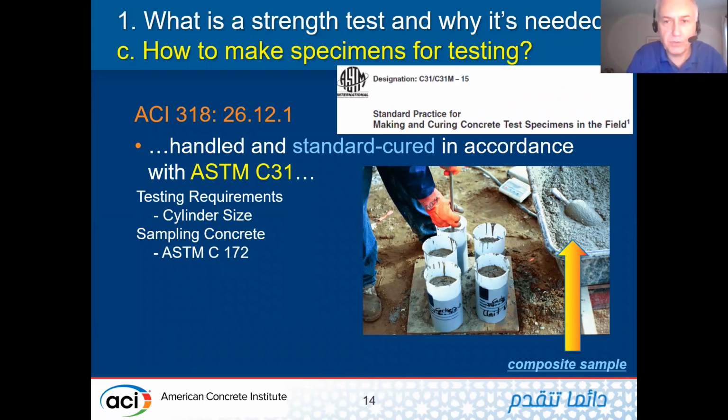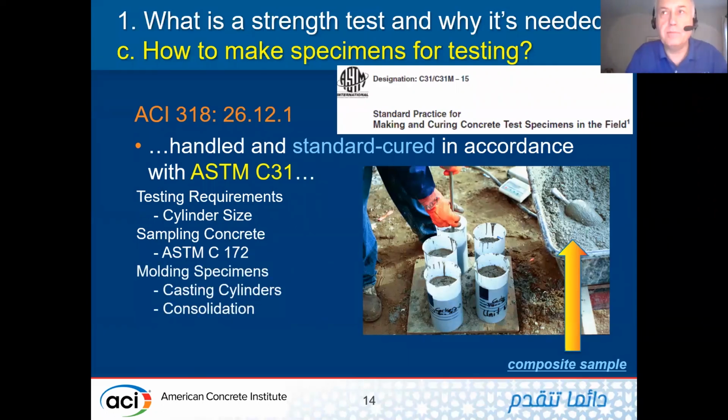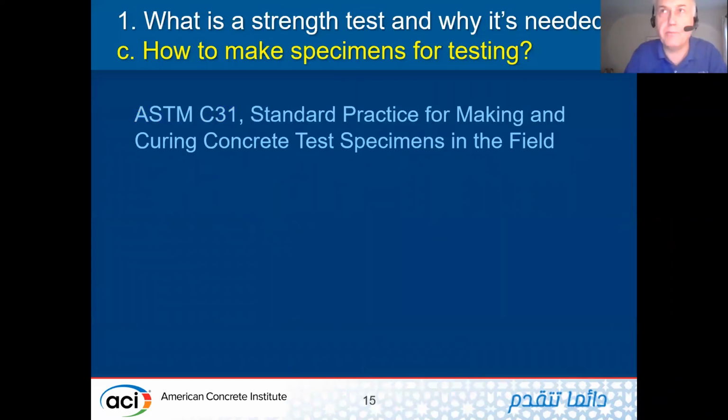As you can see in the pictures, the samples being prepared are made from that composite sample in the wheelbarrow. C31 will talk about molding specimens, casting them, consolidation, what type of method to use, whether vibration or rodding. It will talk about initial and final curing, and also about transportation to the laboratory.